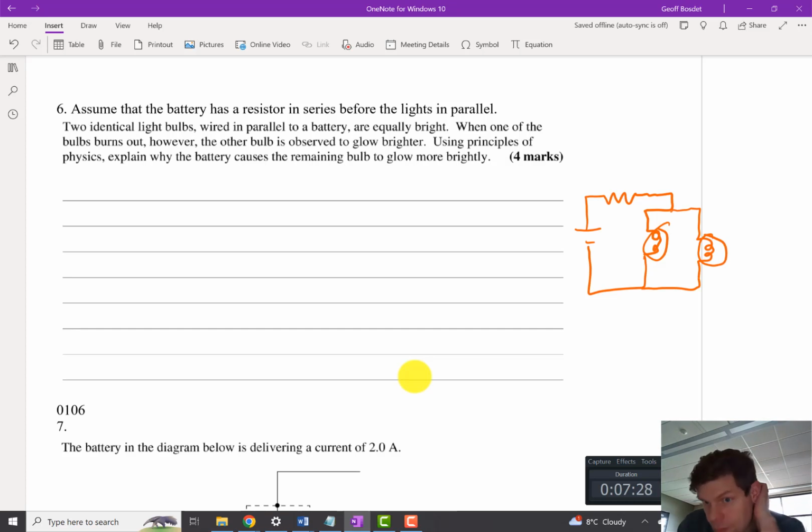So if one of them burns out, you're actually breaking the circuit, so there's no current flowing there. Before, we had a certain amount of current going through this. This was a lesser part of the total resistance, because it would just have half the resistance. And so it would have half the voltage drop.